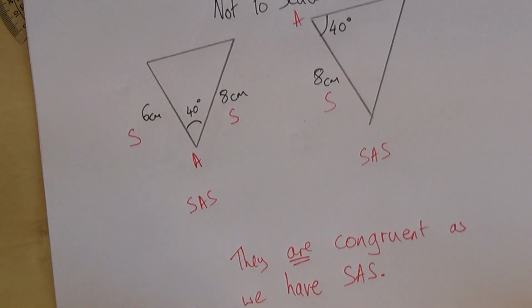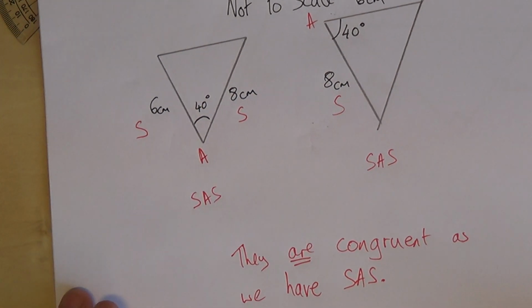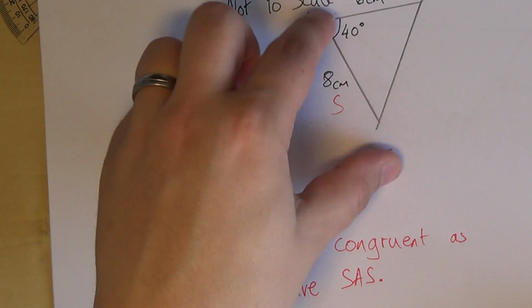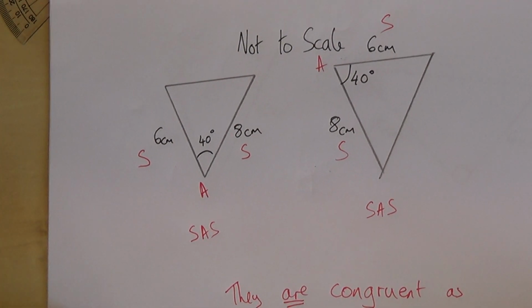Okay, so because we have the right arrangement and the numbers are the same, the lengths are the same, the angles are the same, they match. If this were 58 centimetres rather than just 8 centimetres, it would clearly be a different triangle, it would be much bigger. So that is one case.